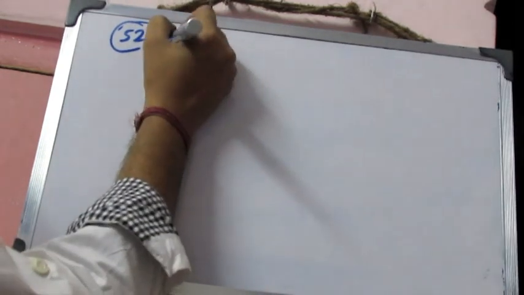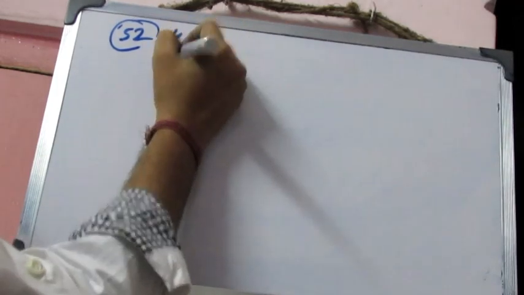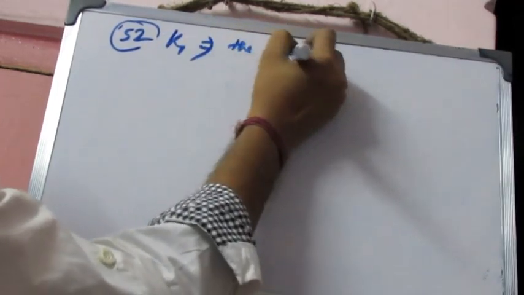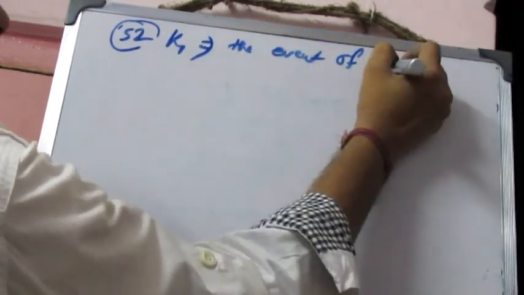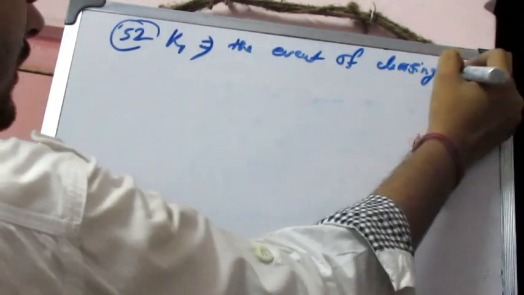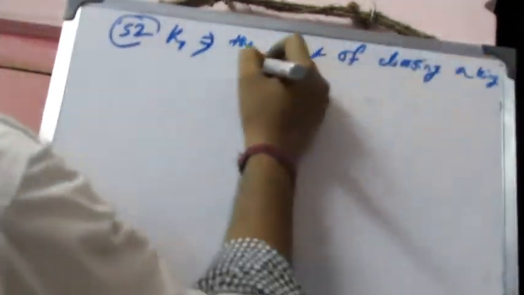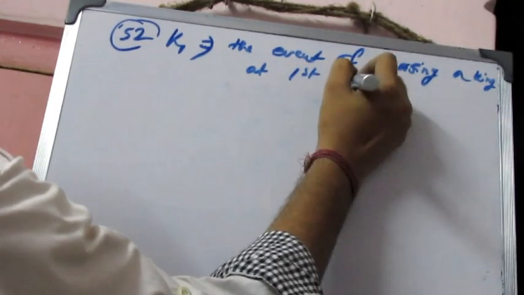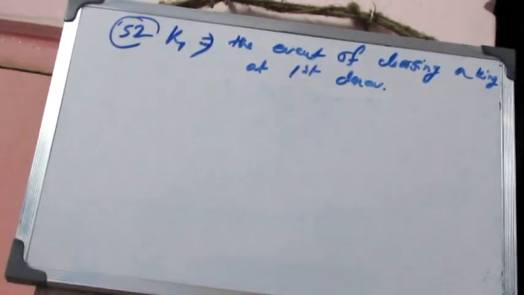First event is K1, which is the event of choosing a king at the first draw. I mean the first draw will be a king.